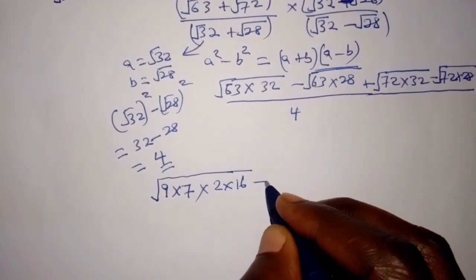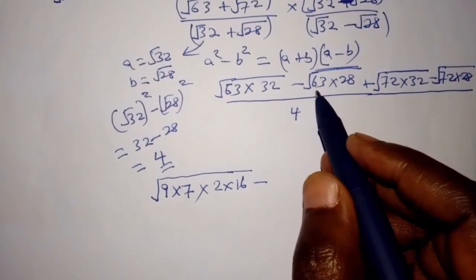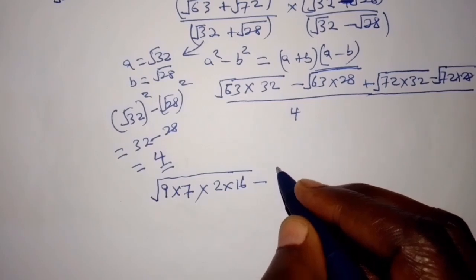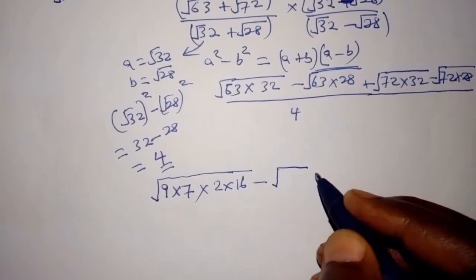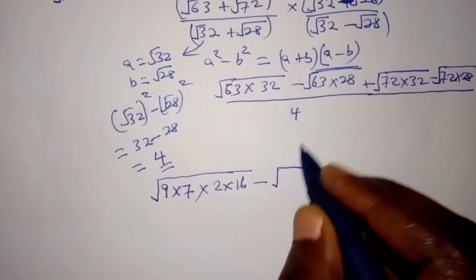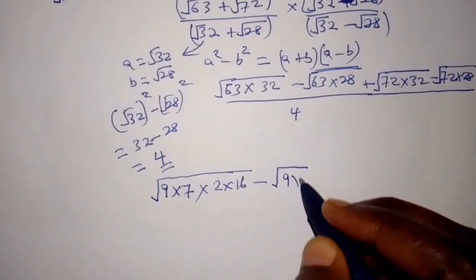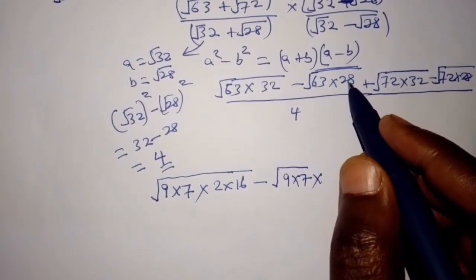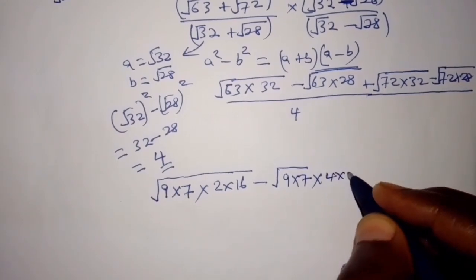Minus, factors of 63. 63 is 9 times 7. 28 is 4 times 7.